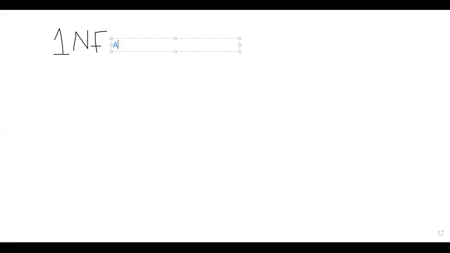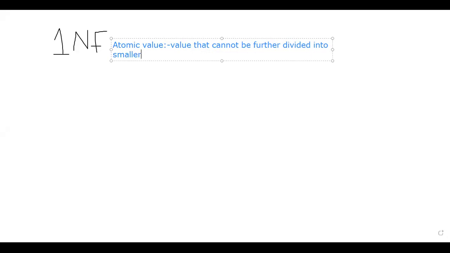So let me give you the definition so you can understand this. An atomic value is a value that cannot be further divided into smaller units.